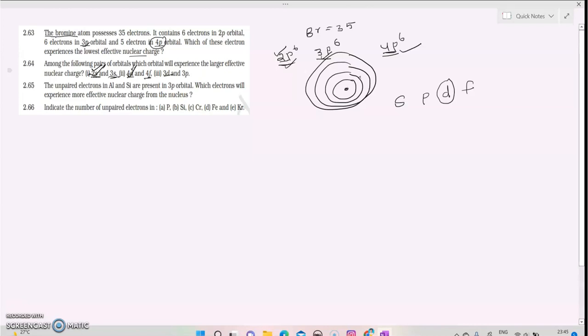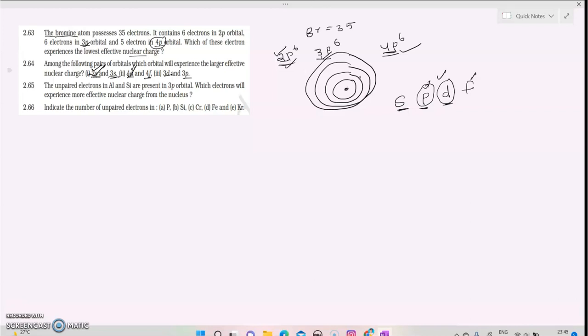Then in 3d and 3p, as I just told you, the s subshell comes first, then the p subshell, then the d subshell. Here we are considering subshells because the principal quantum number is the same. When the principal quantum number is the same, we have to take the subshell. So the p orbital will come first, so the p orbital will experience larger.